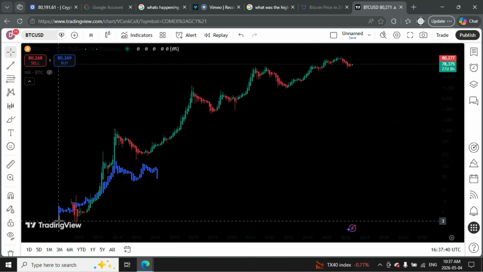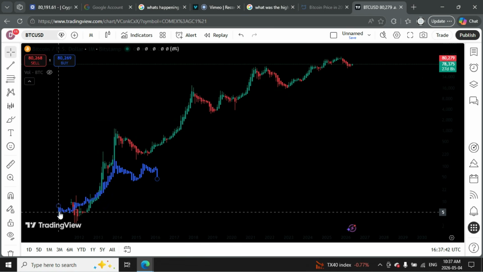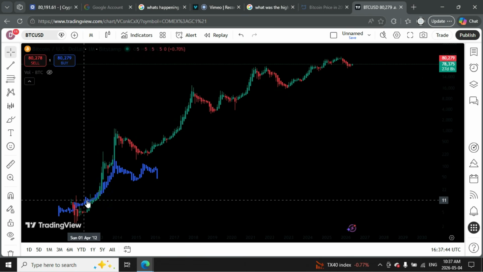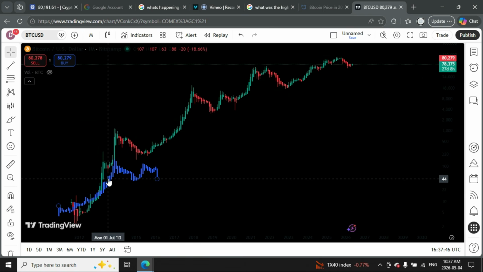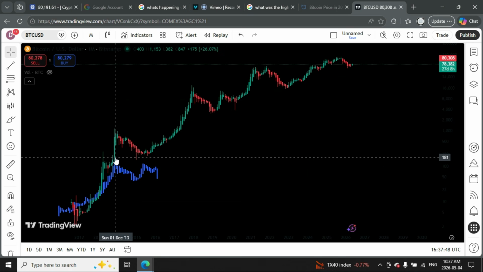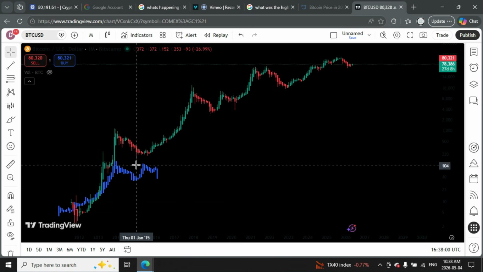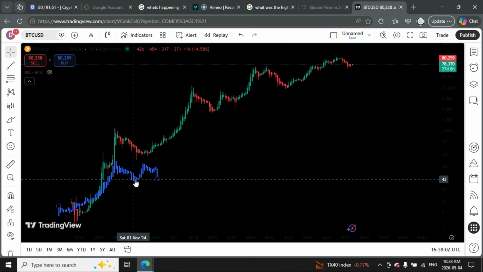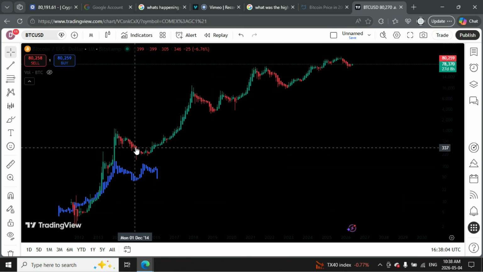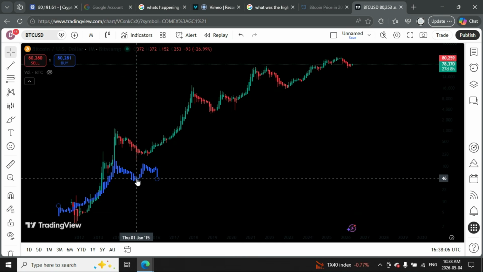We made a low, and we of course moved back up, and we started our campaign for our topping pattern. And of course this one ran out again, with cyclical precision. And of course the market low came in at the same time, and I wanted to point that out so that you guys have a full understanding of how these cycles continue to replicate.